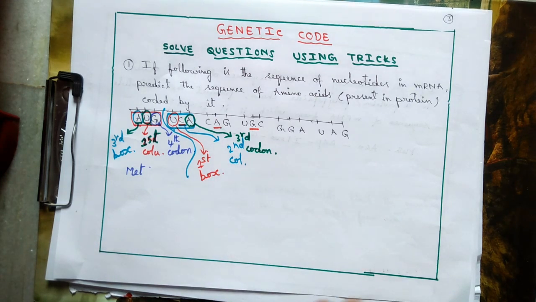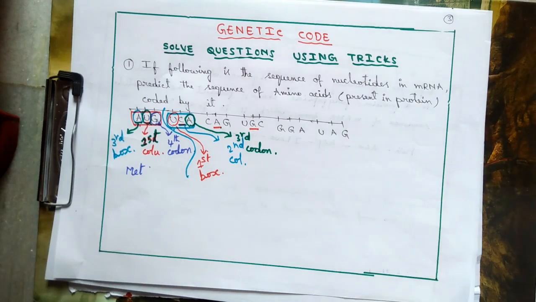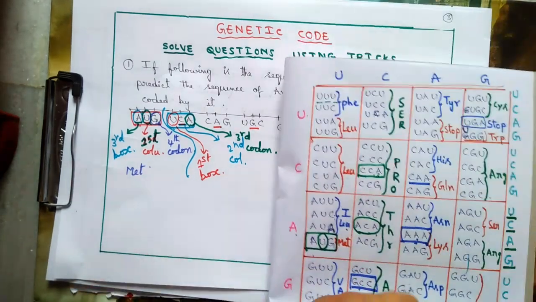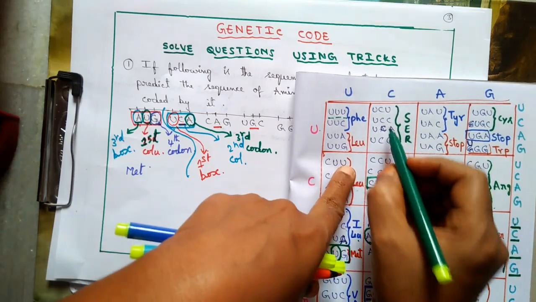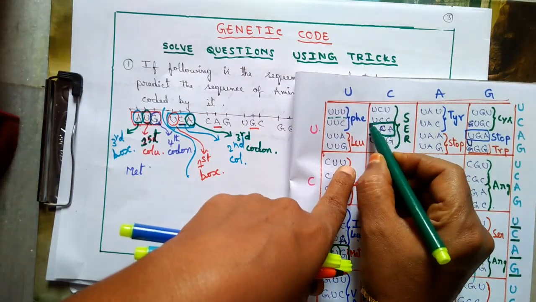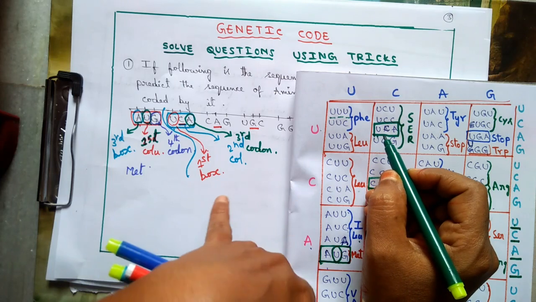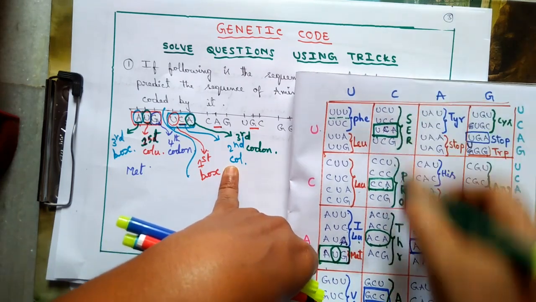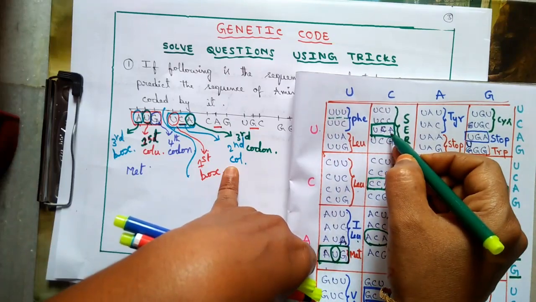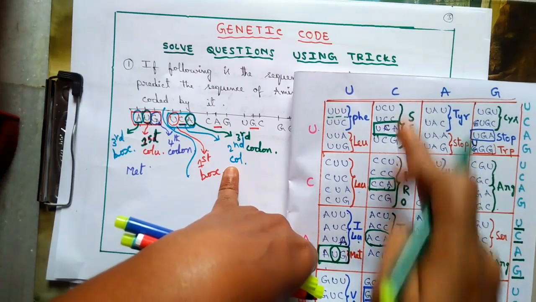So UCA. Let's see where it is present. UCA is present in the second column, and in the first box, 1, 2, 3, 4, 4 boxes, na?